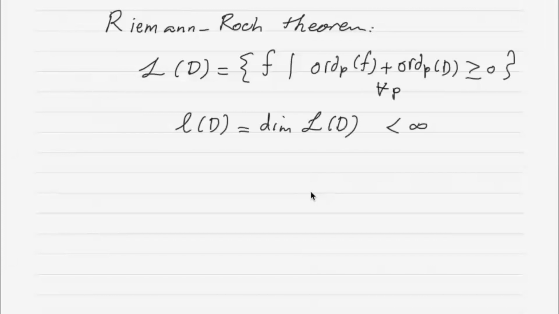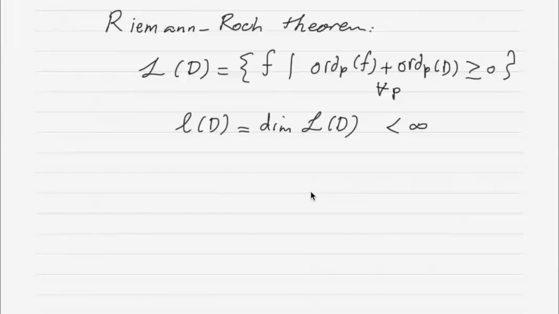And the Riemann-Roch theorem is about studying this dimension. How can we calculate this dimension using topological properties of the Riemann surface and also the properties of the divisor D?